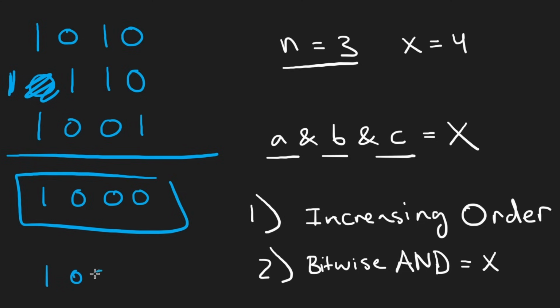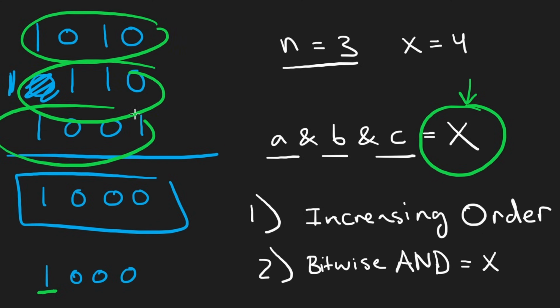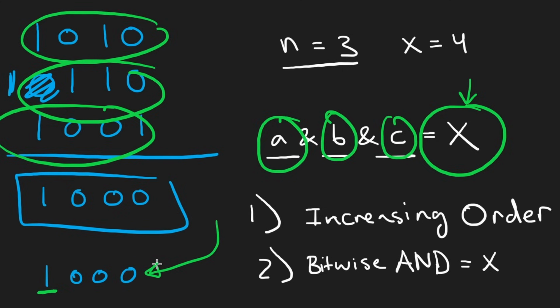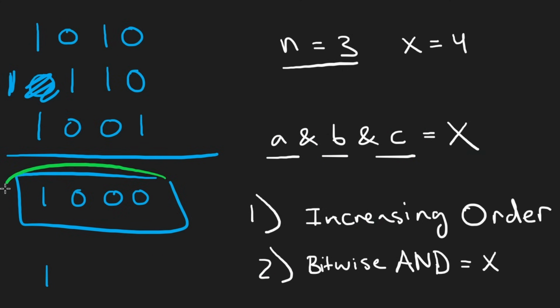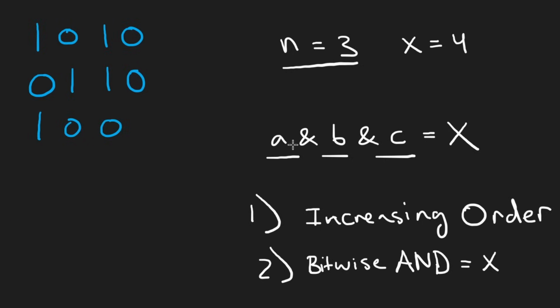Well, if this is equal to x, then that means that every bit that is set within x must be set in every number in the sequence. Because for us to end up with a result that matches x, we need every bit that is set within x to also be set. That's the only way you'll end up with a result that matches x. So now we know that much.